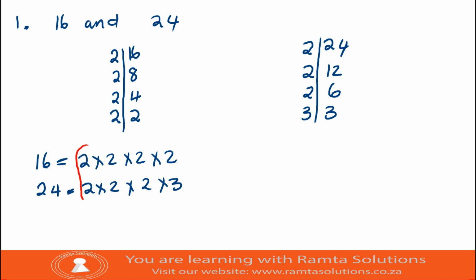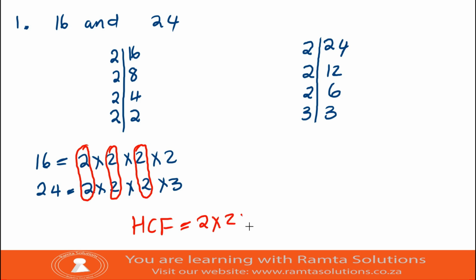So I see 2 and 2, for the second time and for the third time. Therefore, we can say our highest common factor is 2 times 2 times 2. What is it? 2 times 2 is 4, times 2 is 8.